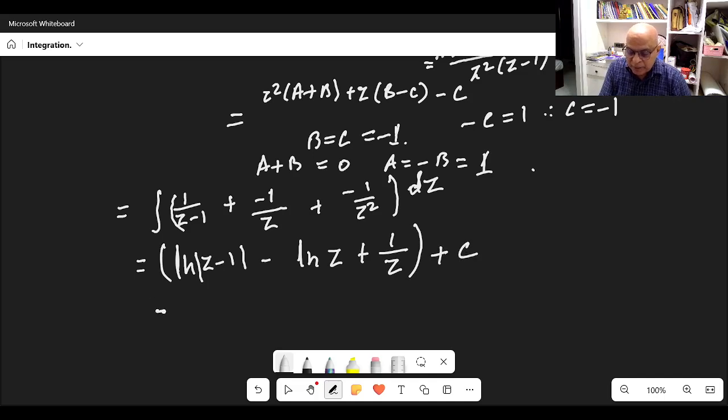Now just put the value of z. So it will become natural log of (z minus 1).